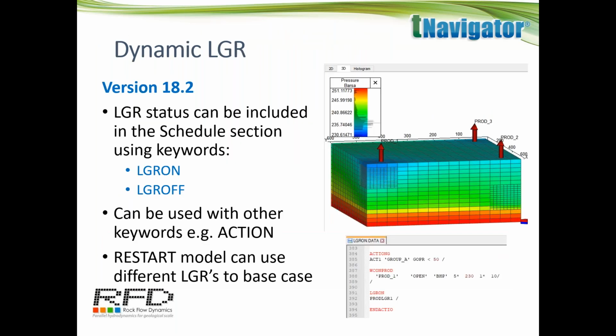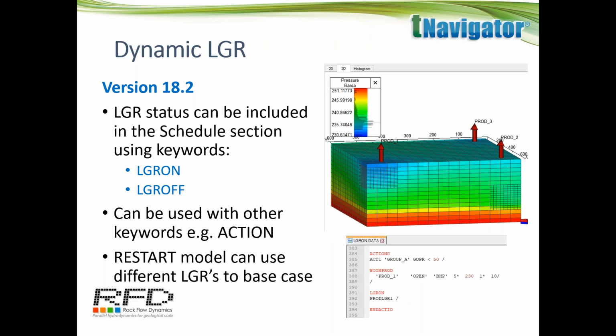One of those keywords, actually two keywords, they allow you to introduce a dynamic LGR. This was introduced in the second quarter of 2018 in the 18.2 version of tNavigator. So these keywords, LGR on and LGR off, allow you to activate and deactivate the LGR on demand.